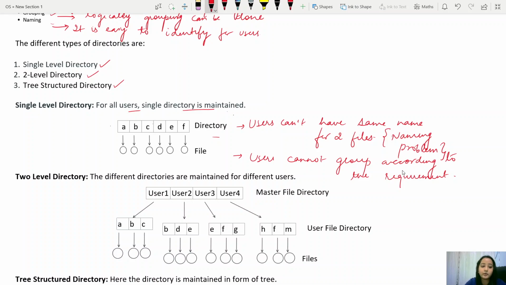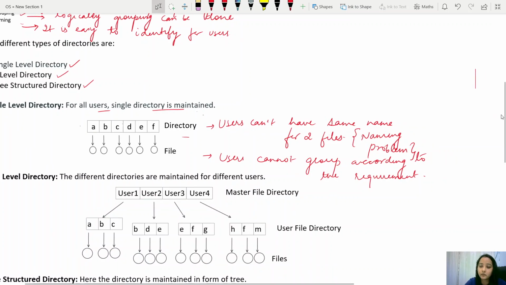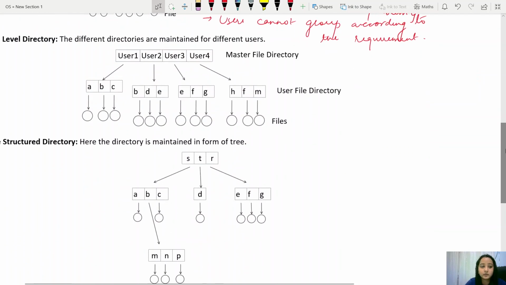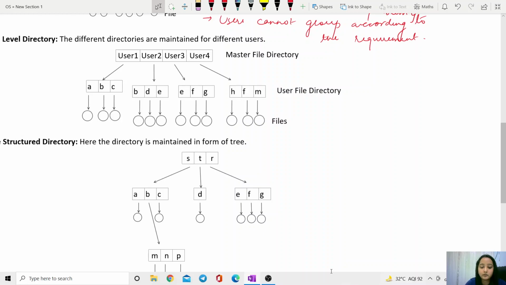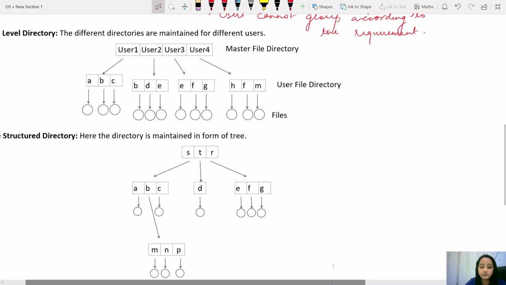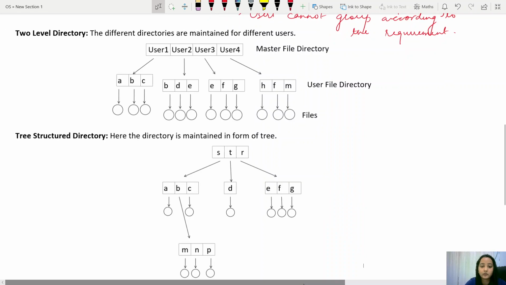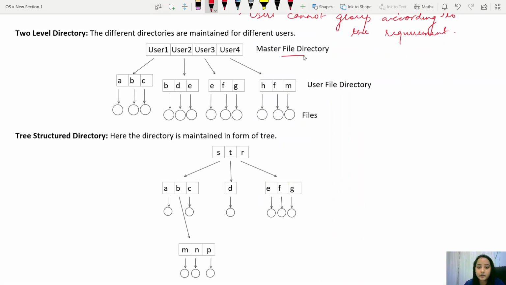Next type of directory is the two level directory. Here we have one master file directory. The first level of directory is maintained, then the second level of directory is maintained.